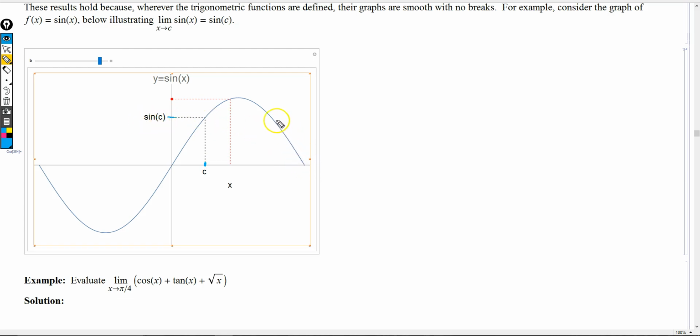The blue curve, by the way, here is our graph of sine. Now if I pick any other value x on the x-axis, this value right here would be the sine of x. Right there, that red dot is the sine of x. Notice that as I let x approach c from either direction, sine of x will approach sine of c.